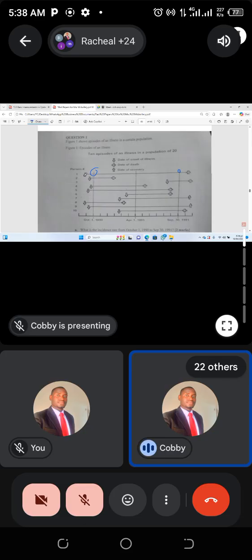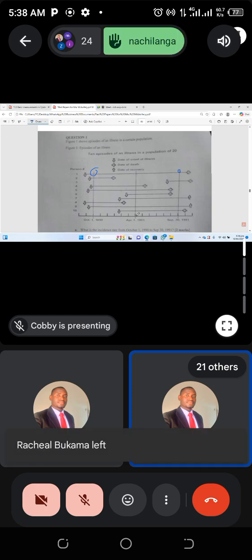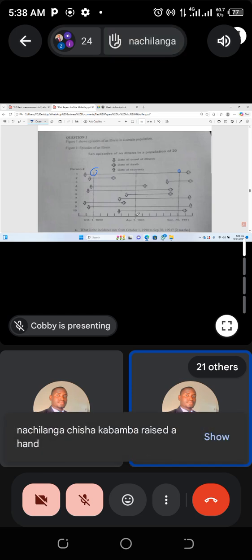Which cases do we have? We have 1, 2, 3, 4, up to 10. So which cases started between September and October?